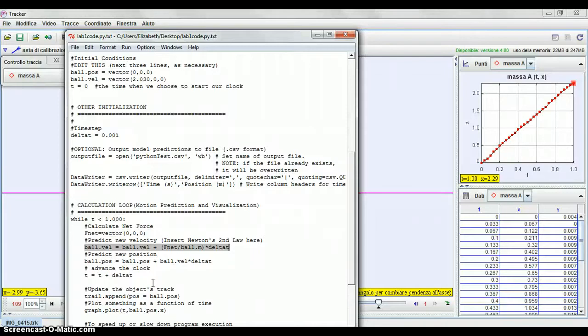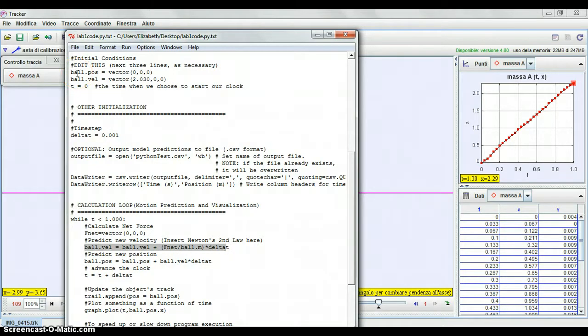Then, since the time step will always be the same, in order to determine the final position of the object, the initial position will be used, which is this piece of code. And in order to determine the velocity, this following piece of code will be used, with all the previous conditions given in the piece of code above.